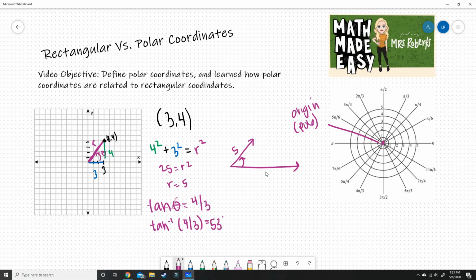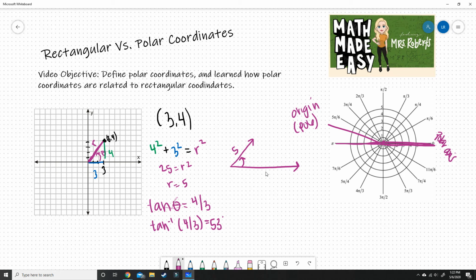And we are going to draw a ray coming out of O. This line here is what we call the polar axis. Okay, maybe I should write that over here. So this is the polar axis.